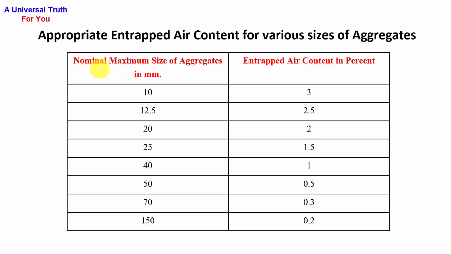This is the column of nominal maximum size of aggregates in mm, and another column is entrapped air content in percent. 10 mm, 3 percent; 12.5, 2.5; 20, 2; 25, 1.5; 40, 1; 50, 0.5; 70, 0.3; 150, 0.2.